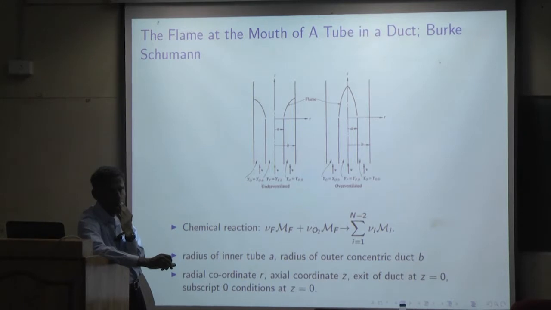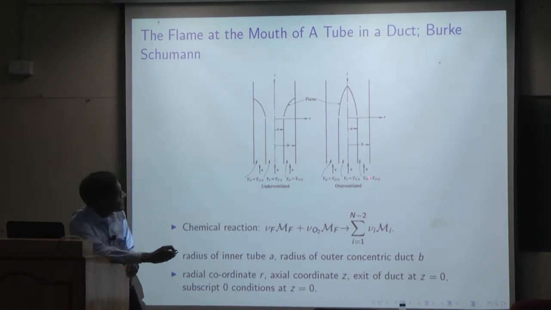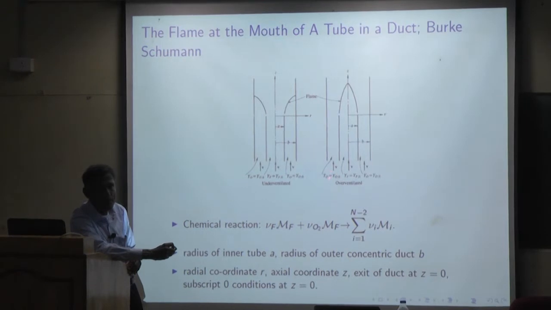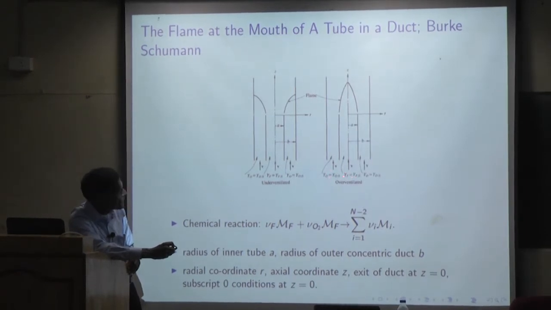So how can we get to know which type of flame will be formed in that case? It basically depends on the mass fraction of oxygen and the mass fraction of fuel here. For example, if you have the mass fraction of fuel, let's say 1, and the oxygen is pretty small, then in that case it will form that.